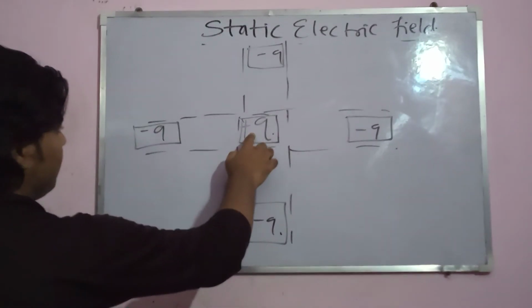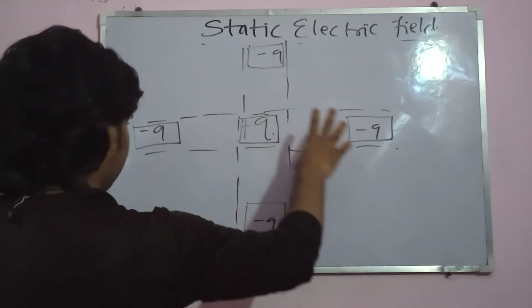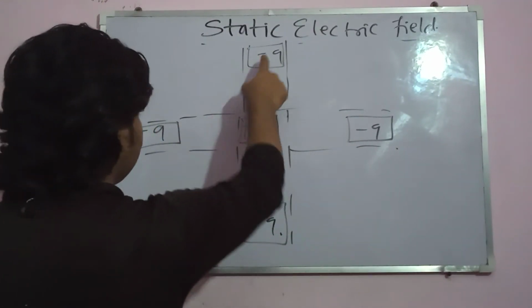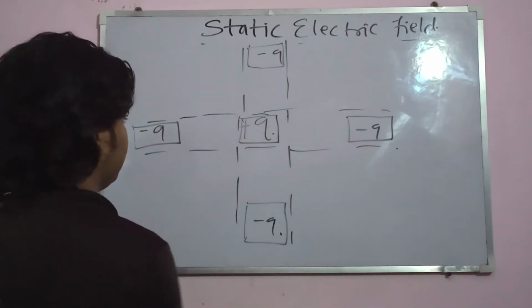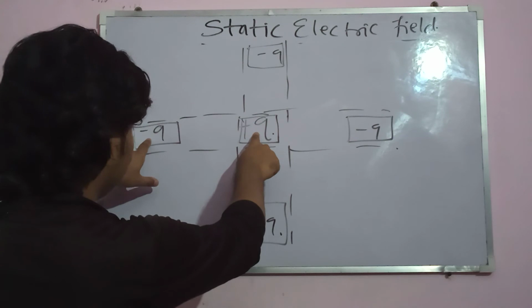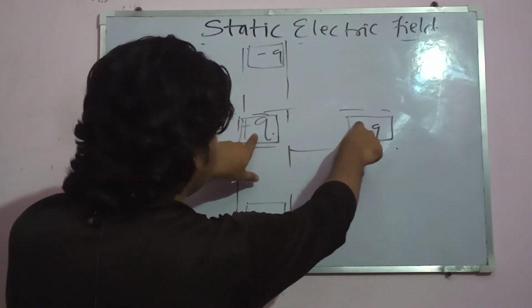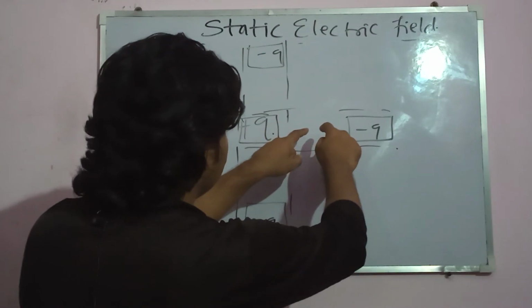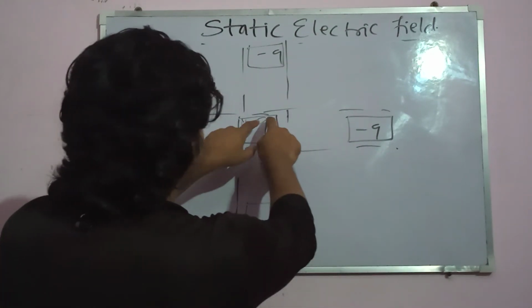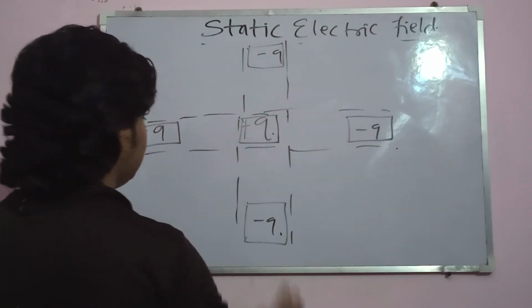Suppose there's a car which carries plus Q and there are four cars at equal distance in all four directions. They are carrying minus Q each, and the distance is the same. What happens? These two cars attract and rush towards each other. But here it's also attraction, and these cars attract each other. Then this car is not going anywhere. These two cars are coming here.